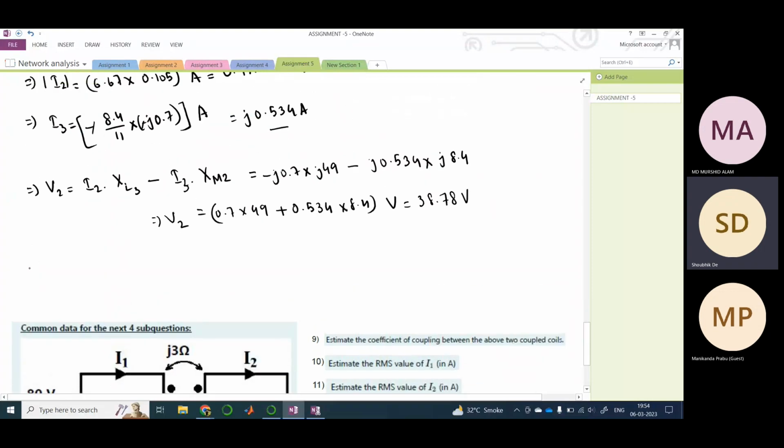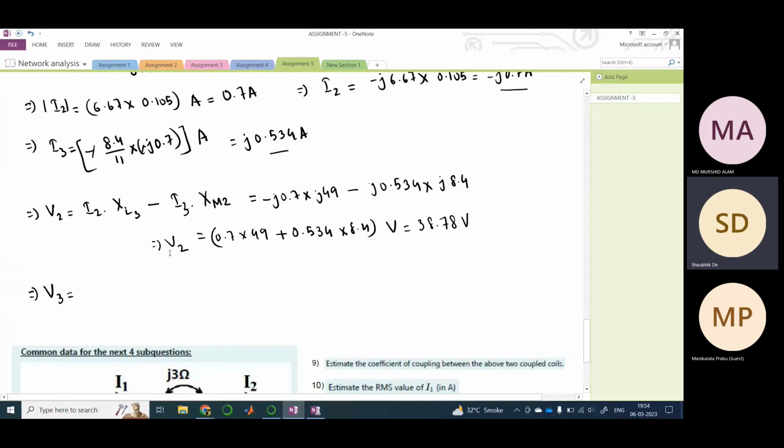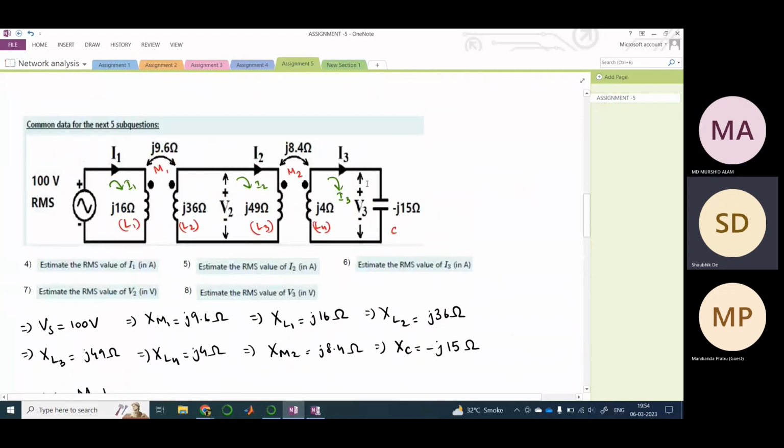Now let me also calculate V3. After that, I'll stop and ask whether you have any doubt. So V3 is the voltage across either this capacitor or this inductor. To make things simple, I'll calculate the voltage across the capacitor, because if I do it across the inductor, I need to also consider M2, which is extra calculation.